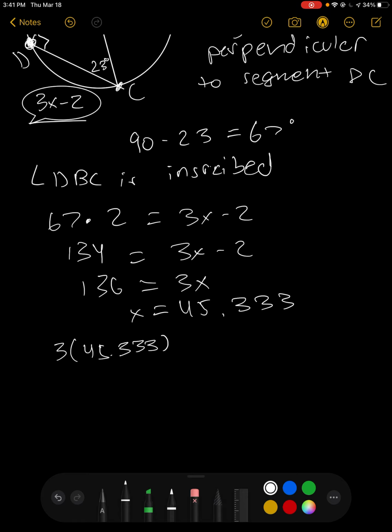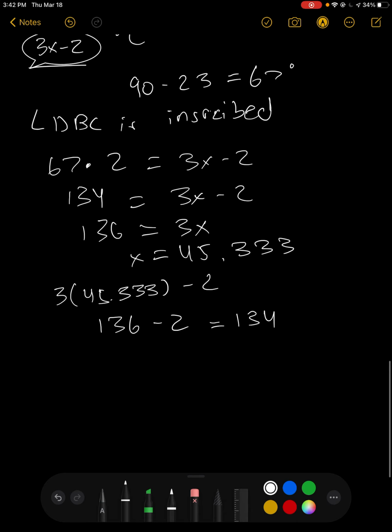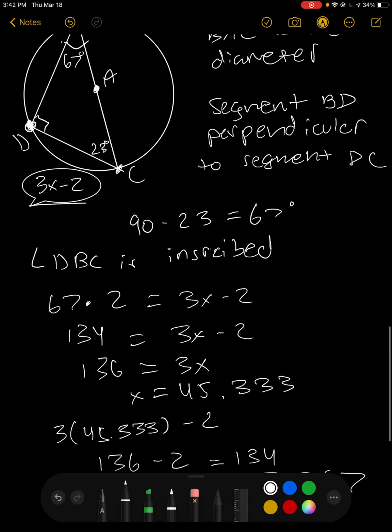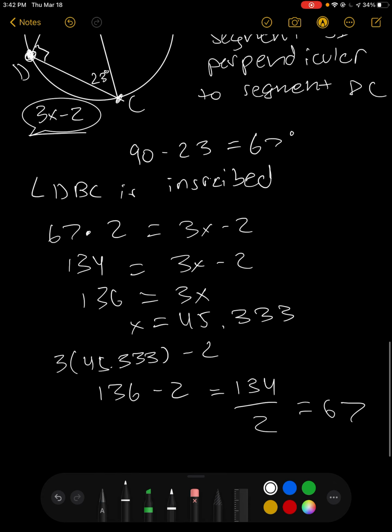But you're going to round that one up, and that's going to give you 136. Subtract 2, and it's going to give you 134. And 134 divided by 2 is going to give you our 67 of what we started with up top. So x at 45.333 is the correct answer.